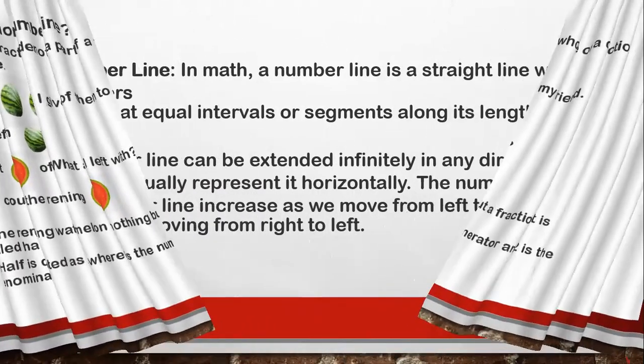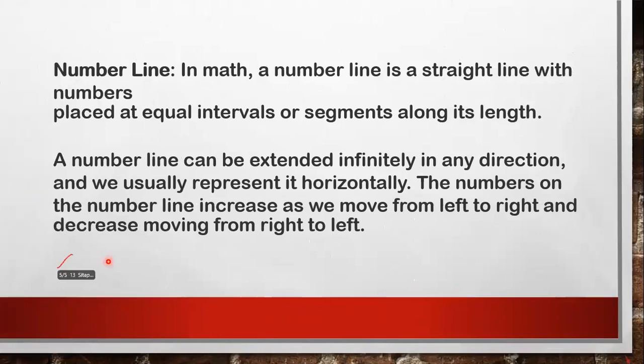Let me show you this number line. In math, a number line is a straight line with numbers placed at equal intervals or segments along its length. A number line can be extended infinitely in any direction, and we usually represent it horizontally.